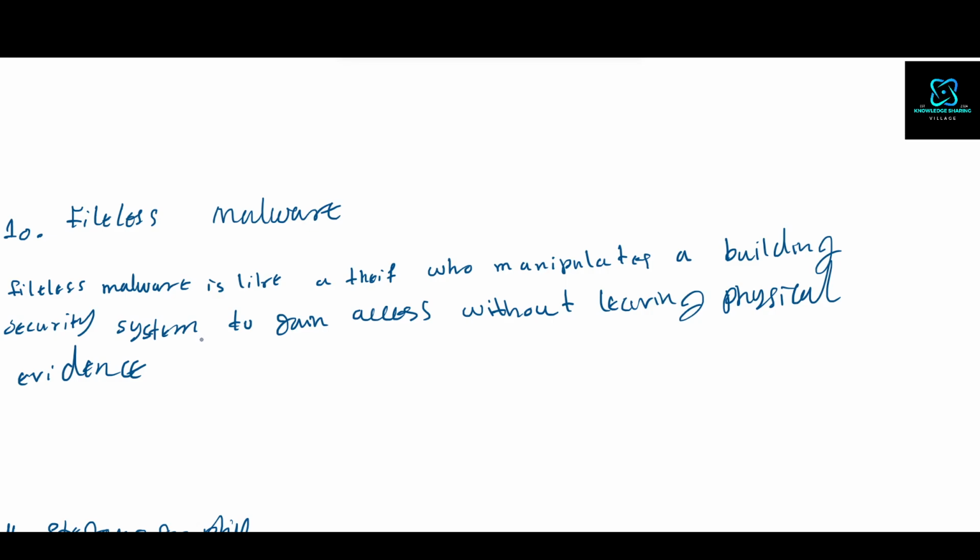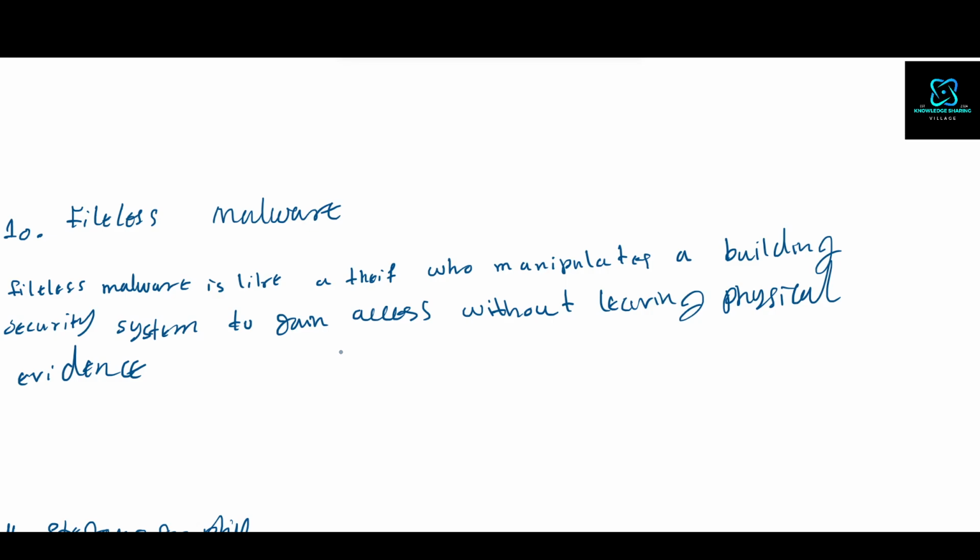If a building has a monitoring system, then before the thief goes into the building, they will disable this monitoring system somehow. Then they do their job, come back, and set up the monitoring system the way it was before.